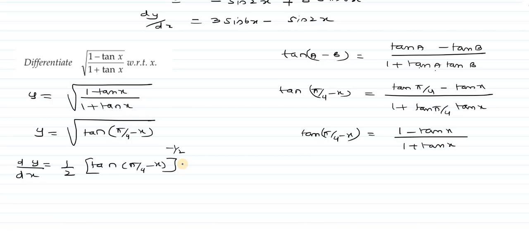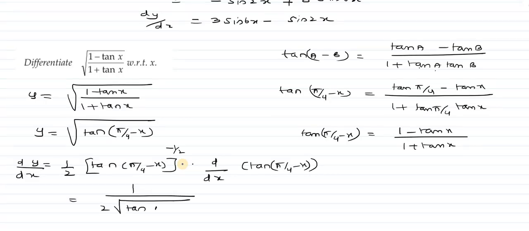Half minus 1 is minus half. By this time you should know that. Then d by dx of tan of pi by 4 minus x. Correct? Now what will it be? 1 by 2 under root tan of pi by 4 minus x.